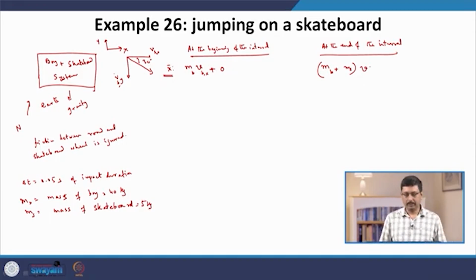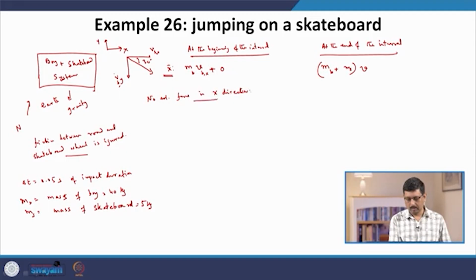Now, our momentum principle. Given this situation and this assumption, there is no external force in the horizontal direction. So, there is a conservation of the x component of the momentum. So, we can write it by equating them.